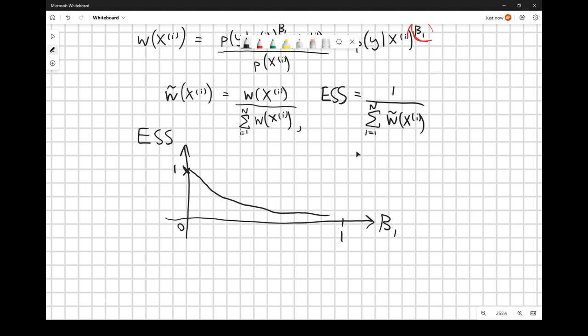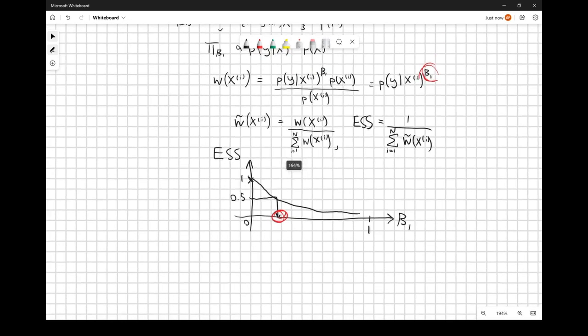And we'll say, okay, we think we can live with samples where the effective sample size has dropped to 0.5. And so you can use that kind of user-defined threshold to define what the next beta 1 should be. So for example, on this graph, if we said we're going to target an effective sample size of 0.5, then you can see that this value here is what our next beta 1 should be.